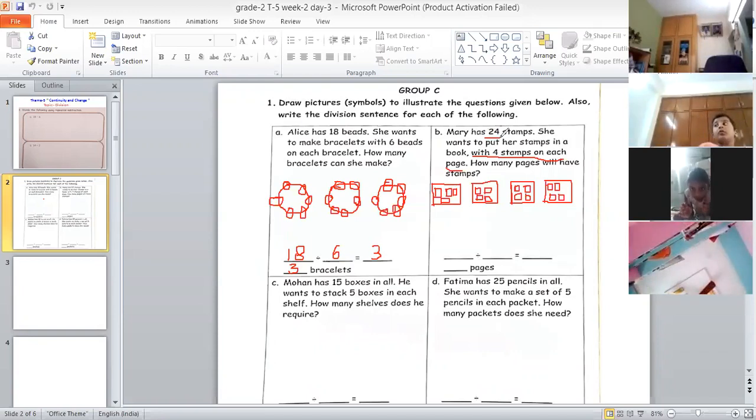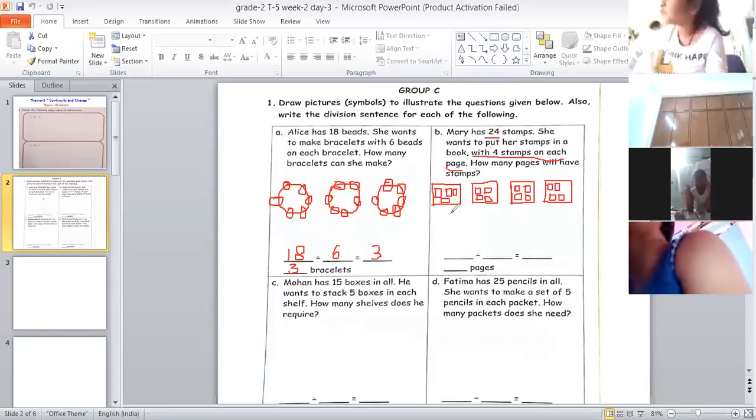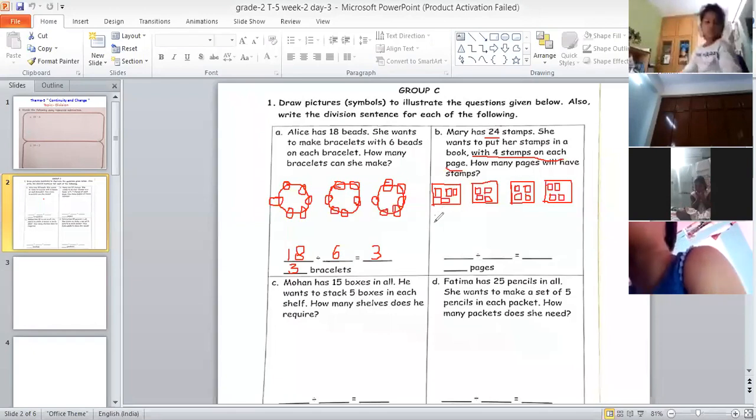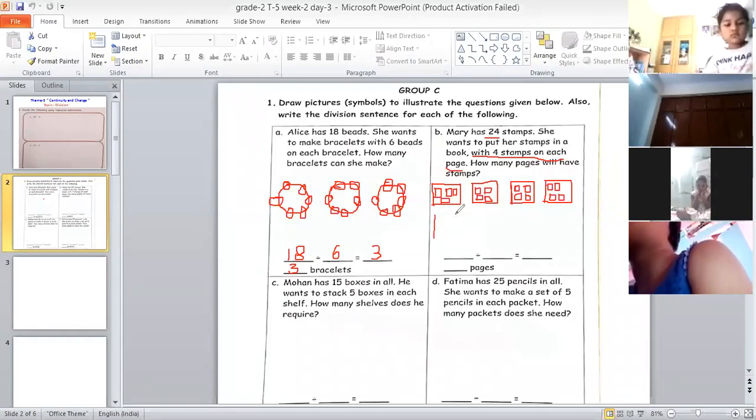We got 16. According to the question, there are 24 stamps. So we have to divide them, right? So till now we got only 16 stamps. This means we need more stamps and more pages, right?